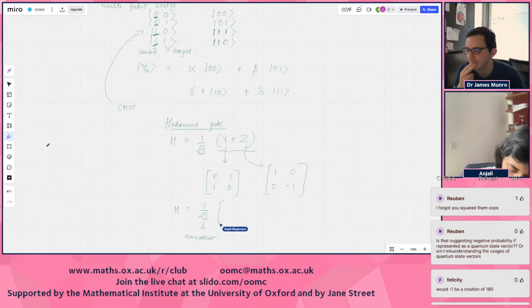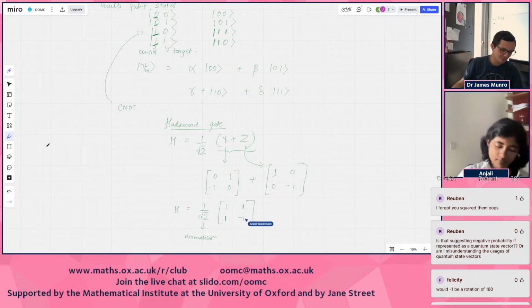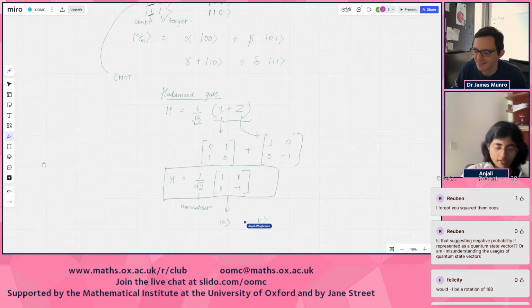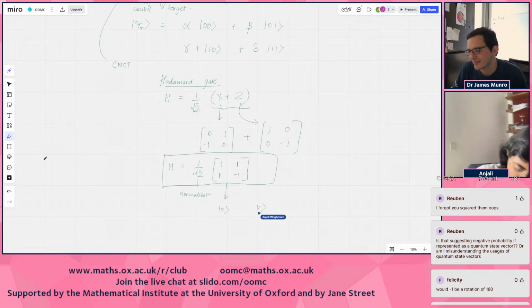What the matrix looks like is you add these two matrices, adding every element. So 0 plus 1, 1, 1, and minus 1. If you go back and compute what this gate does to your 0 and 1 states, you would see something interesting.